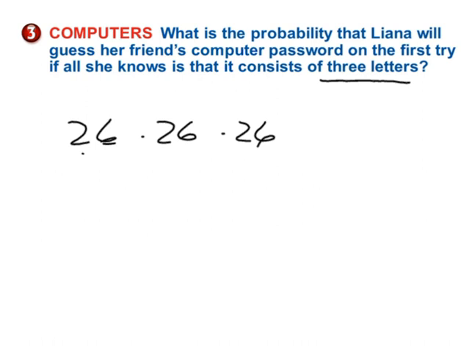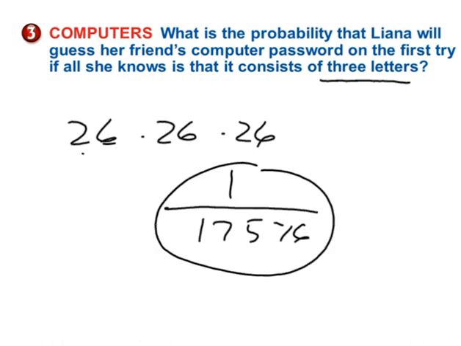Her probability of getting it correct is that she chooses the right one. There's only one combination that works, so that would be 1 out of, and if I multiply 26 times 26 times 26, I get 17,576. So she has a 1 in 17,576 chance of getting the combination on the first try.